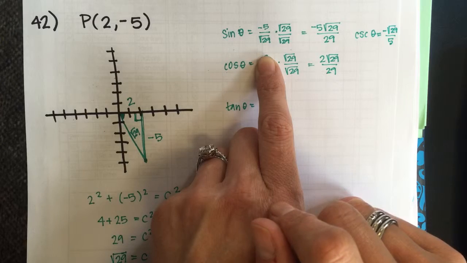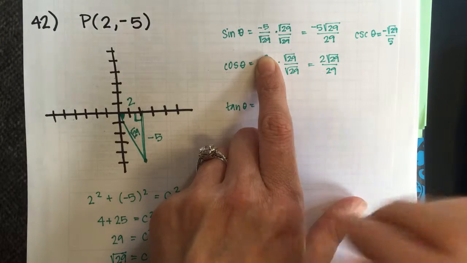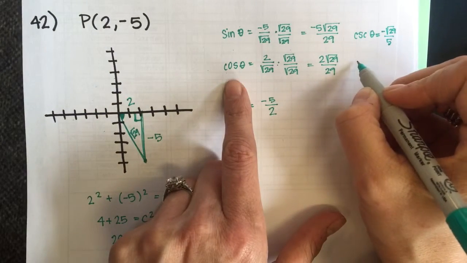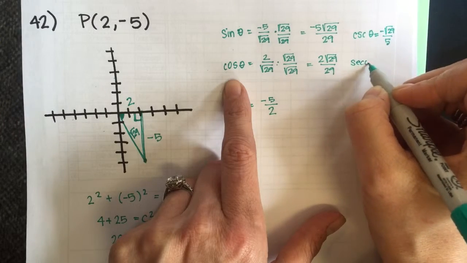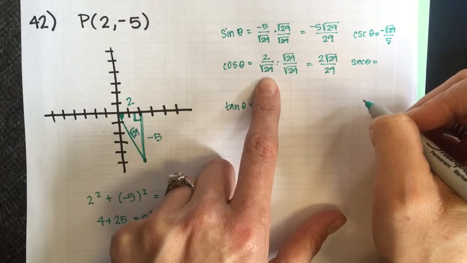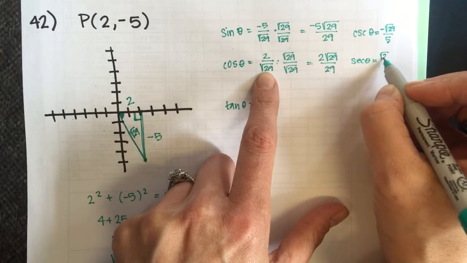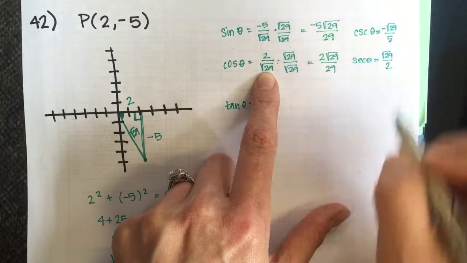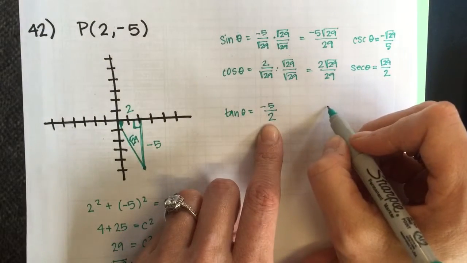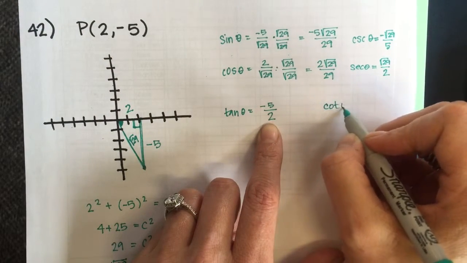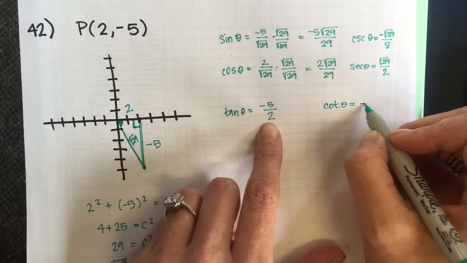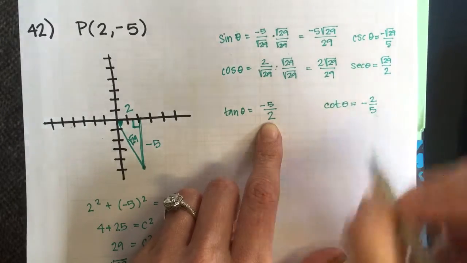You can have 5 on the bottom and a radical on the top, and you don't have to do anything with that. The reciprocal of cosine is secant. So again, we're going to go to the beginning, the very first one, and take the reciprocal, square root of 29 over 2. And finally, the reciprocal of tangent is cotangent, and you get -2 over 5.